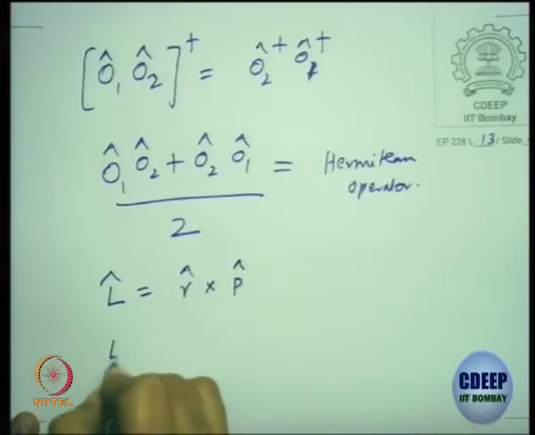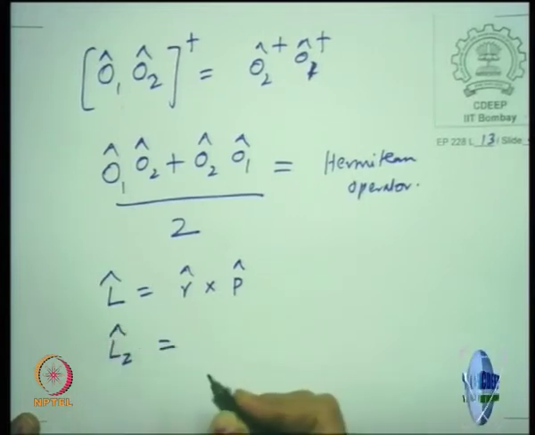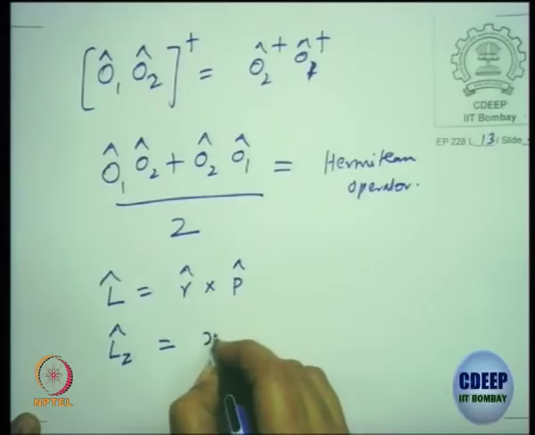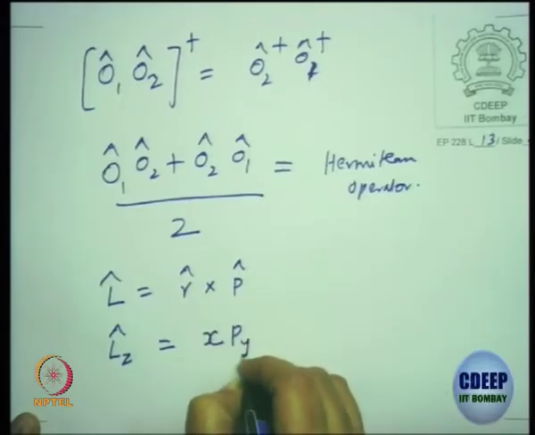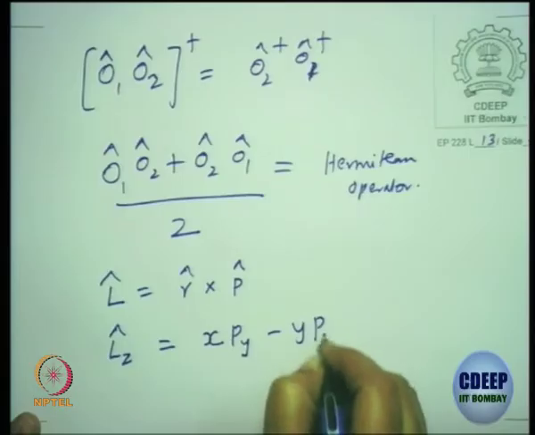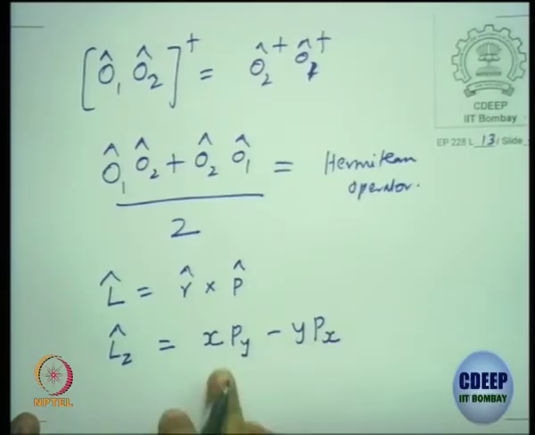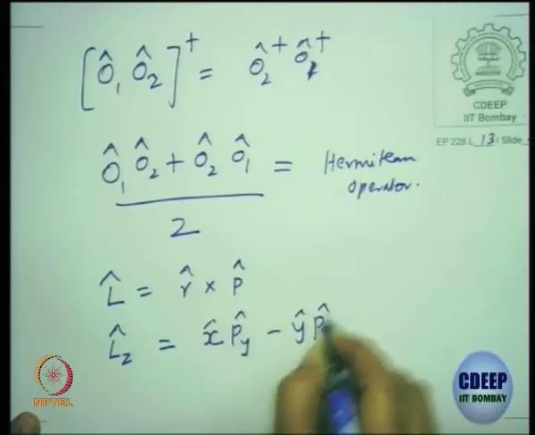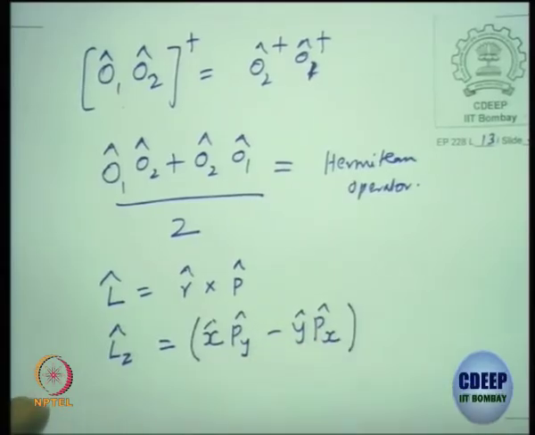If I write the Lz operator, how will I write it? As x Py minus y Px. But why don't we do the ordering here? In classical mechanics, no, this is quantum mechanics. We still write the quantum angular momentum operator without adding a Py x, y Px.